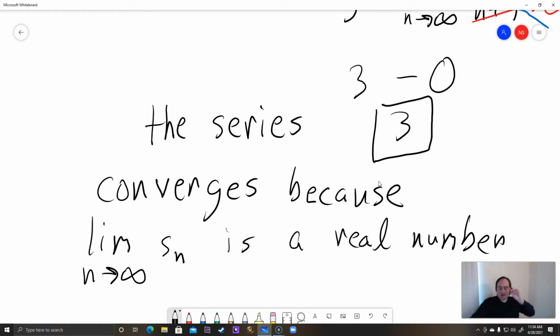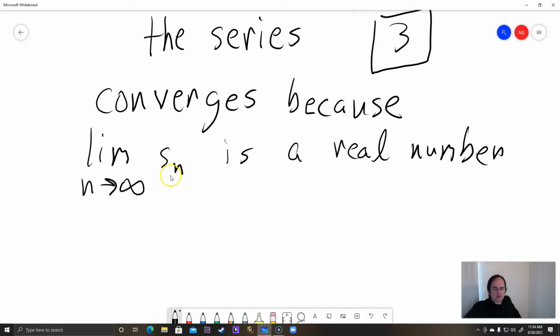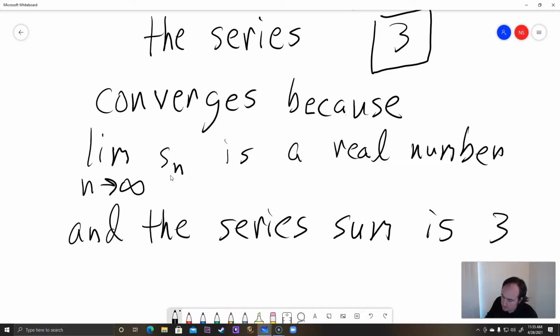It turns out that if you find the limit as n goes to infinity of the partial sum, that's the same as the value of the sum of the whole series. So that means the series sum is 3.